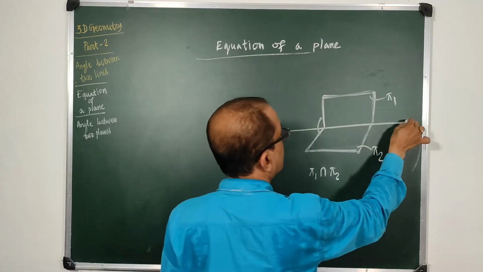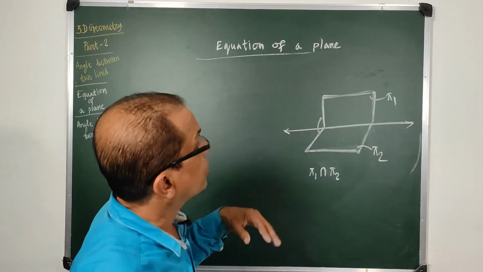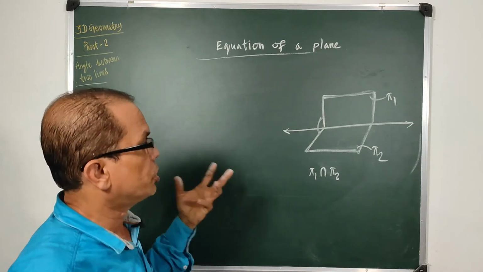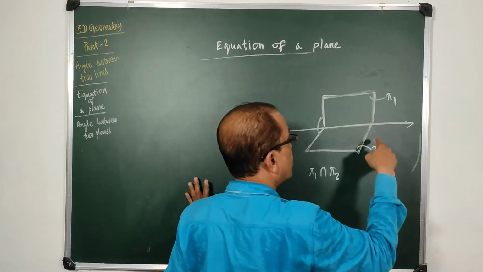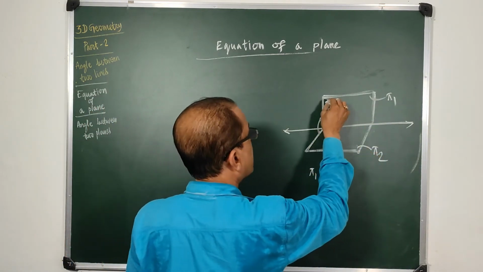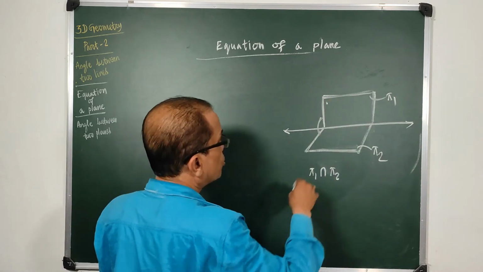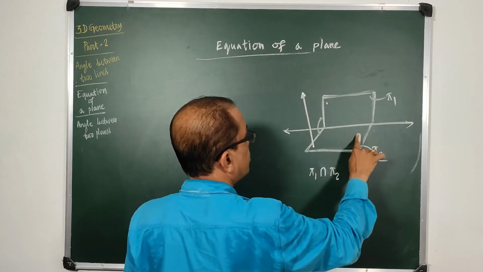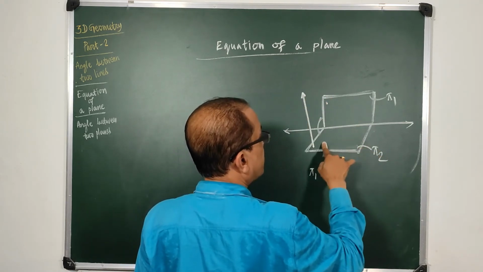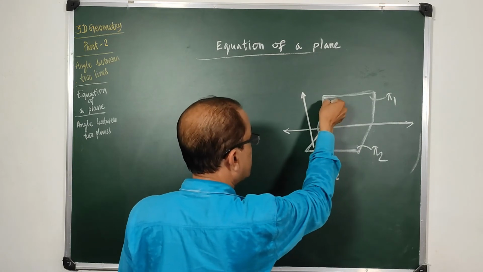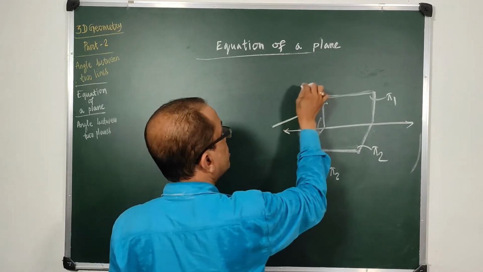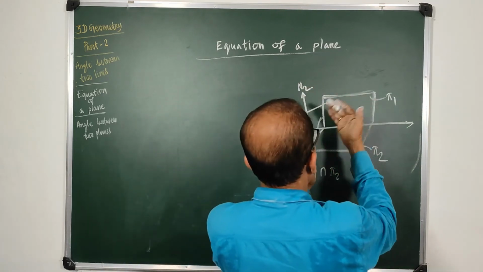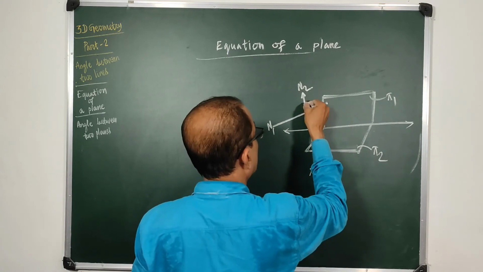So this is a line. So the equation of a plane and the equation of a line are in many ways linked with this concept. When you have two different planes, each one can have a normal drawn. The normal makes 90 degrees with every line segment on the plane. If this one is the normal n1 and this is the normal n2, then the angle between the two planes will be this and also this.